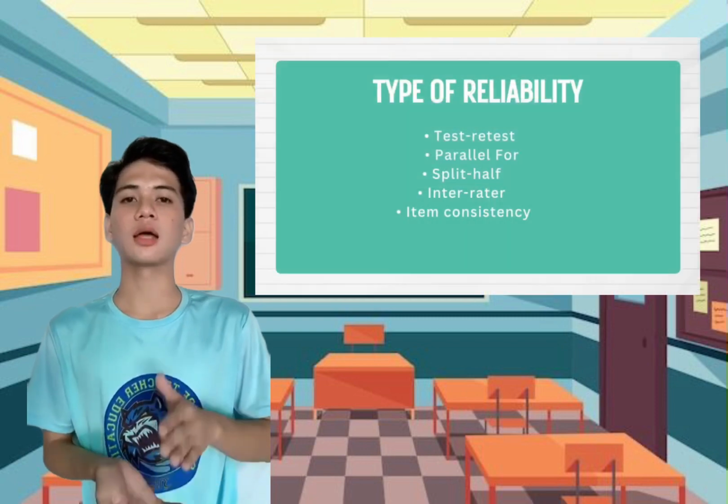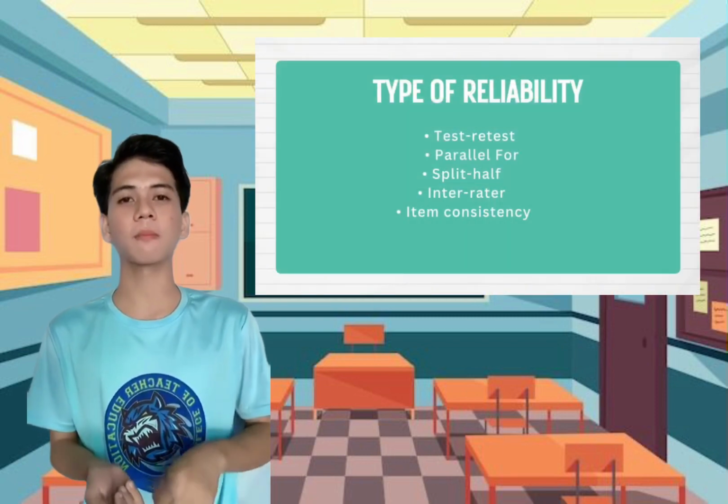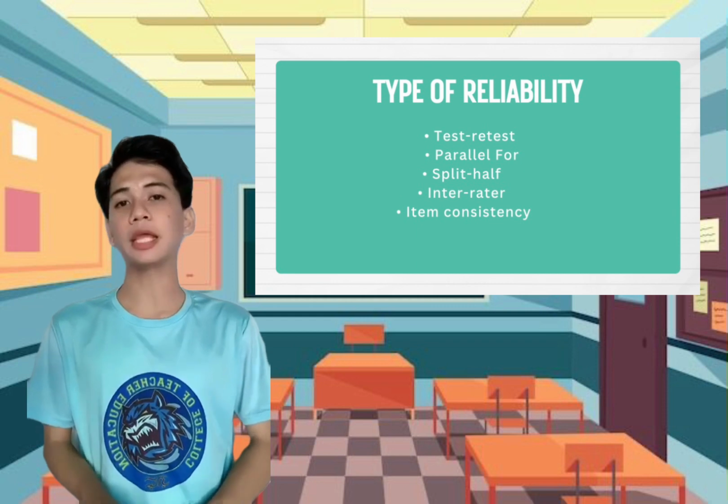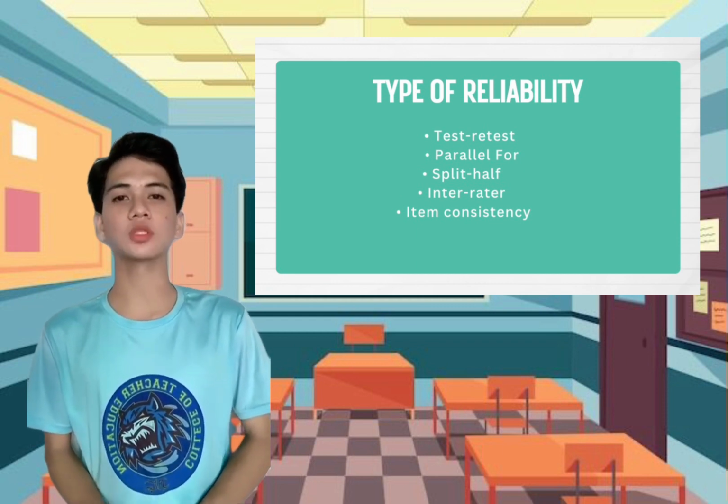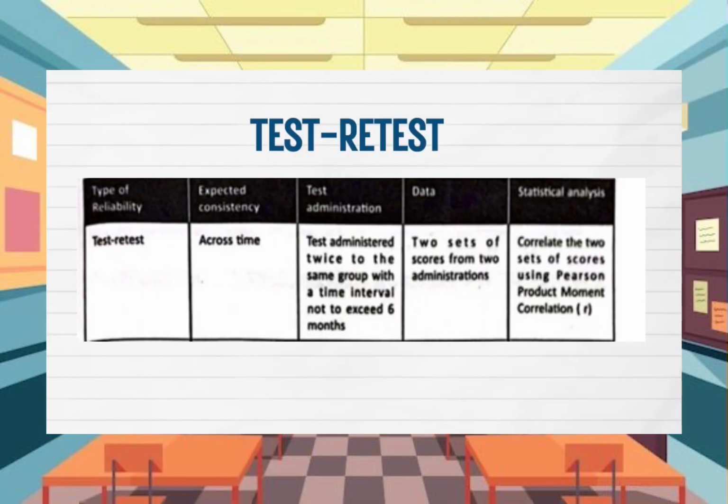Let's go on to the types of reliability. There are 5 types of reliability: test-retest, parallel form, split-half, inter-rater, and lastly, item consistency. Our first type of reliability is what we call test-retest reliability. The expected consistency of test-retest reliability is across time.